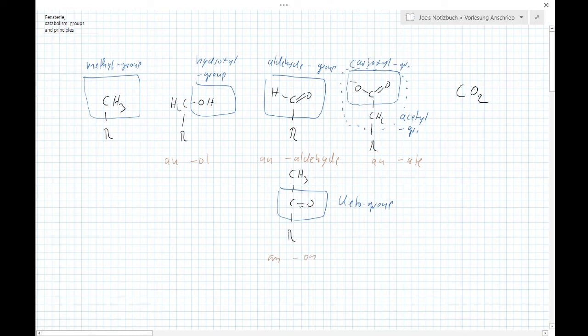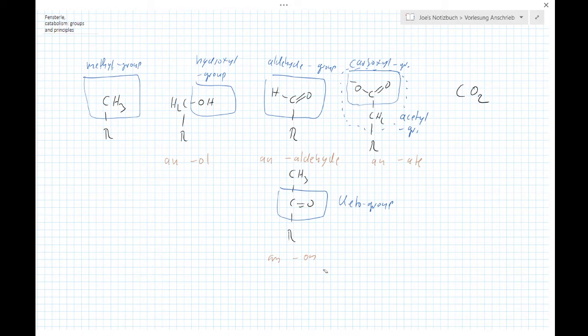So this is ethanol or glycerol. This is glyceraldehyde. This is glycerate. And then you have a carboxyl group. And you have here, for example, dihydroxyacetone, and then you have this "one" at the back. So you see already based on the name what functional group is there.